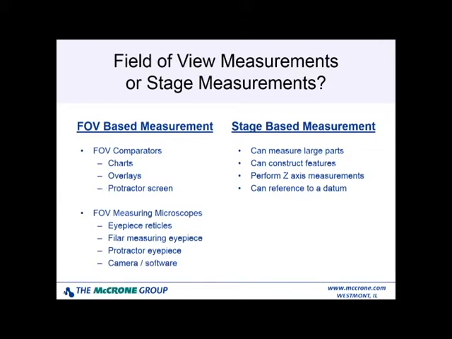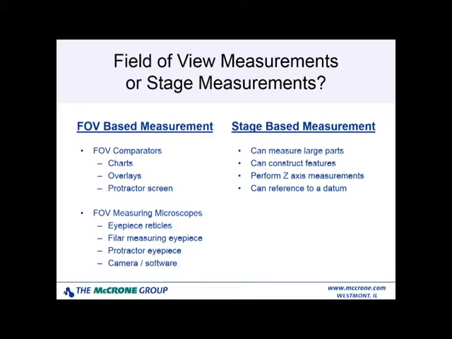There are two different ways that you can do measurements on a comparator or on a toolmaker's microscope. You can either do field of view measurements or you can measure off of the measuring stage. On a comparator, where the image is projected up onto the screen, you can use overlay charts, you can use measuring charts, and many of them also have a protractor screen for measuring angles.